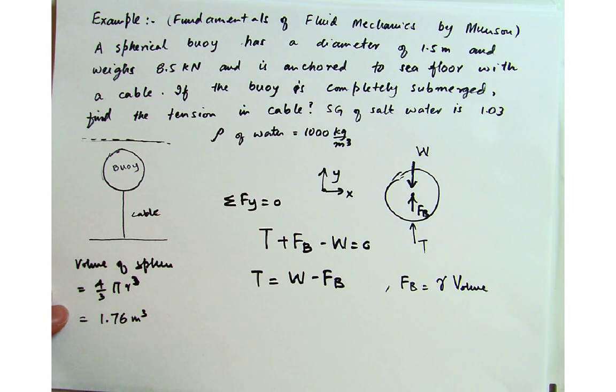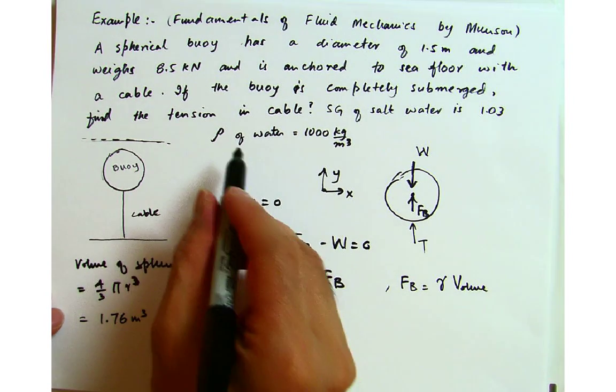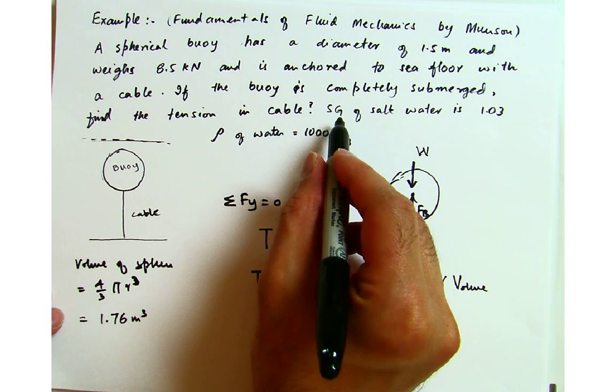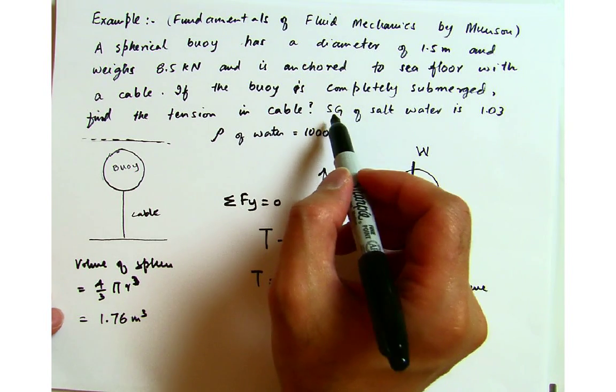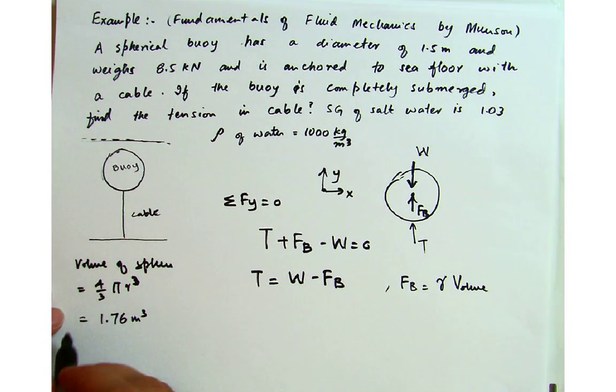So that's the volume, and we also have the density of water, and the specific gravity, so we can find the specific weight based on that.